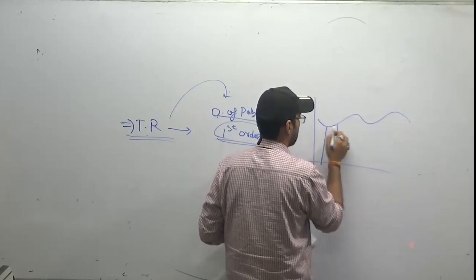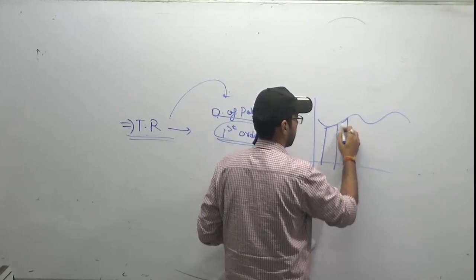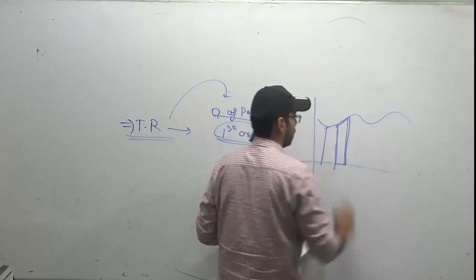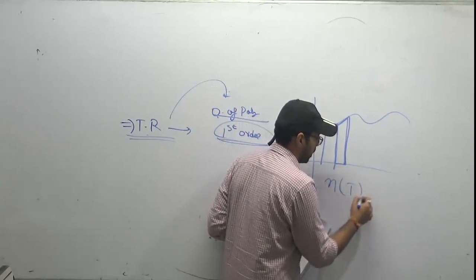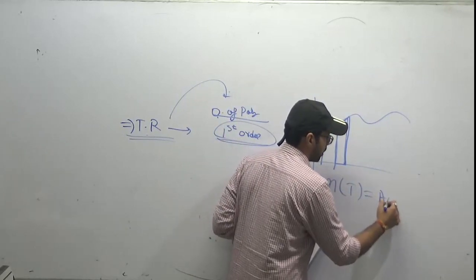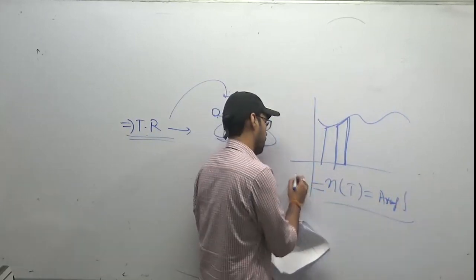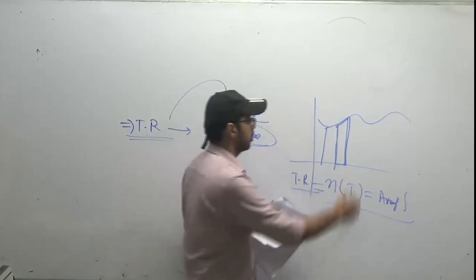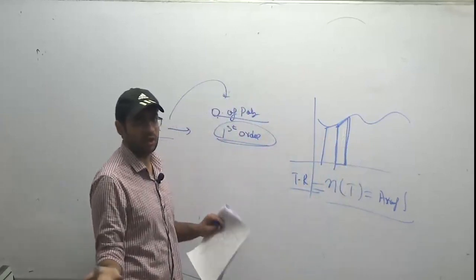You have to take the area. So this is the trapezoid. The n number of trapezoids gives you the approximated integration, and this is your trapezoidal rule. This is your equation of a line, basically, the first order polynomial.